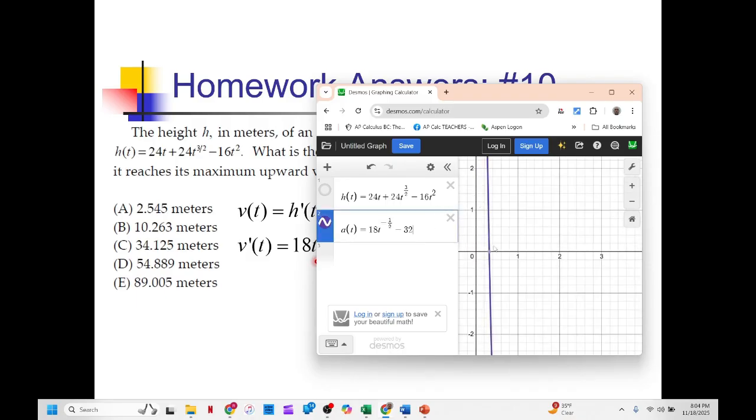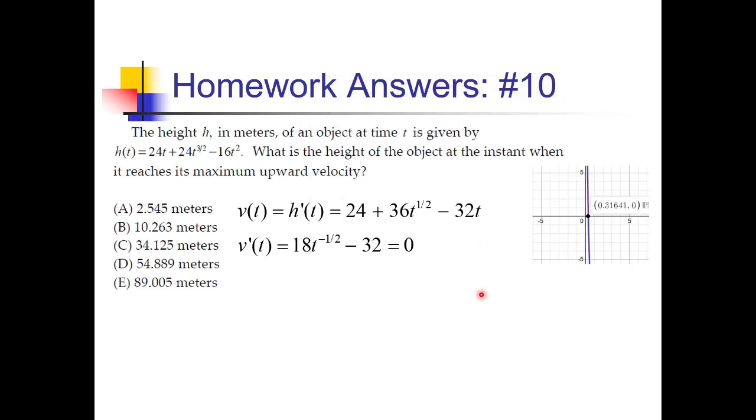So let's go back to this one little spot where it's crossing, and if I click on the function, I can actually get a dot to tell me what that is exactly. 0.316. Okay, so this is happening at time 0.316 and some change.